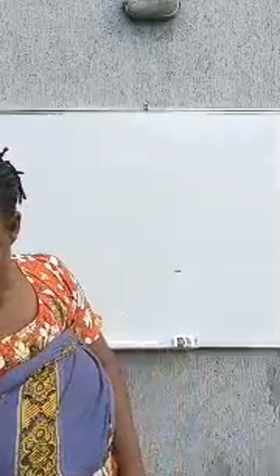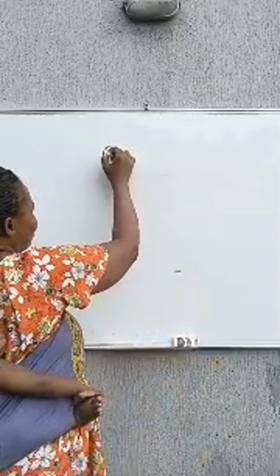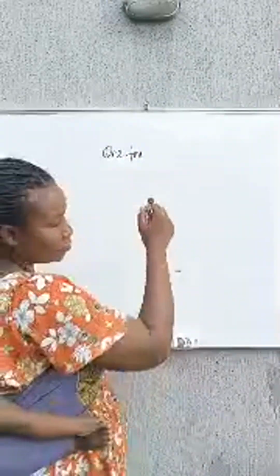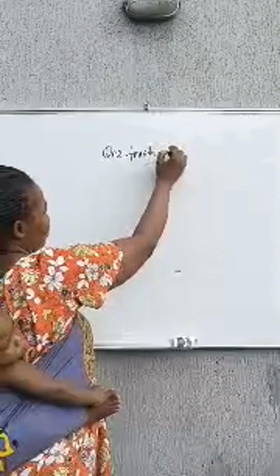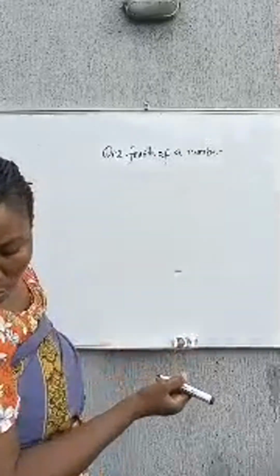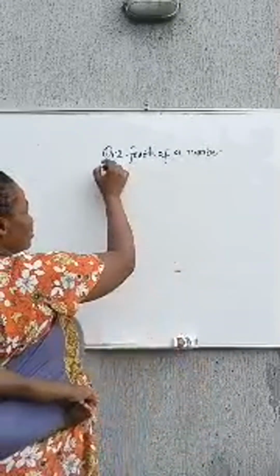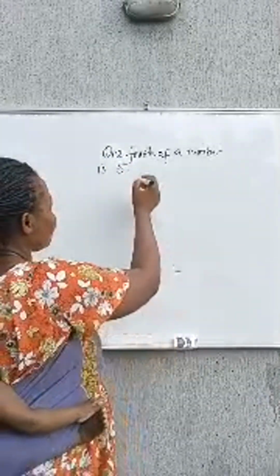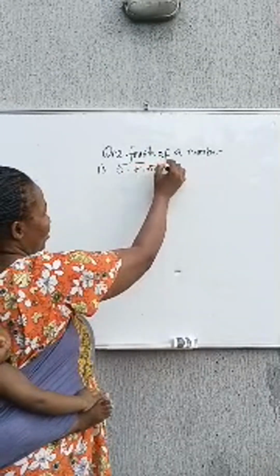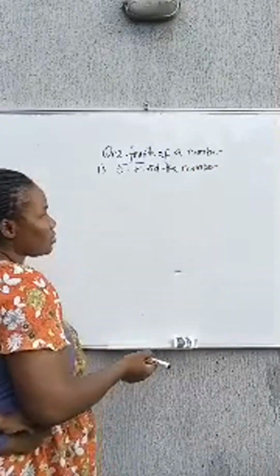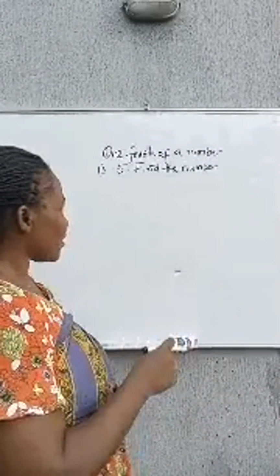So the next question we'll be looking at says, one fourth of a number is 5.